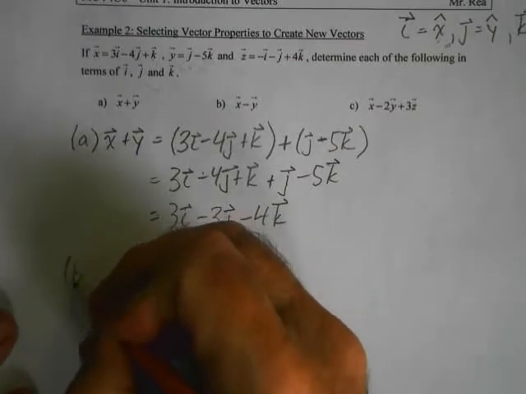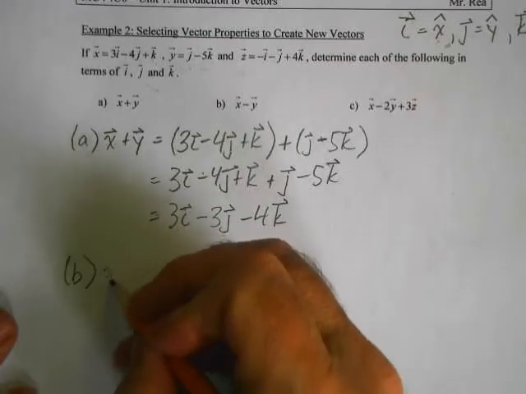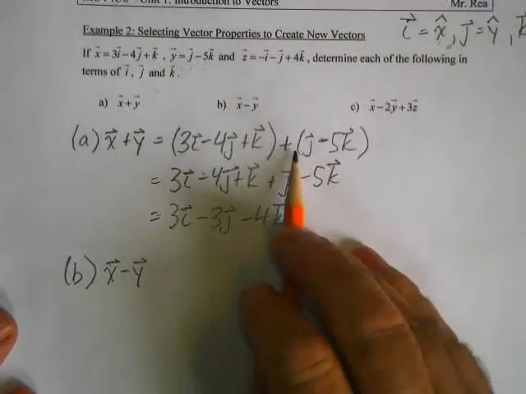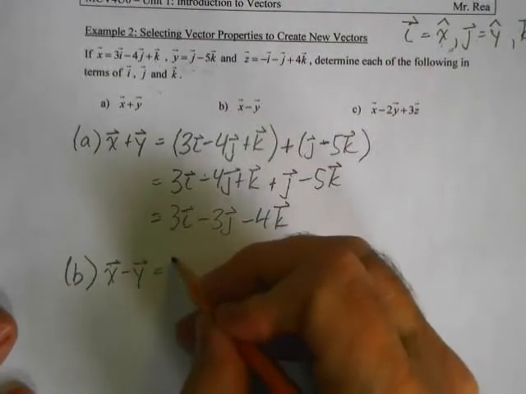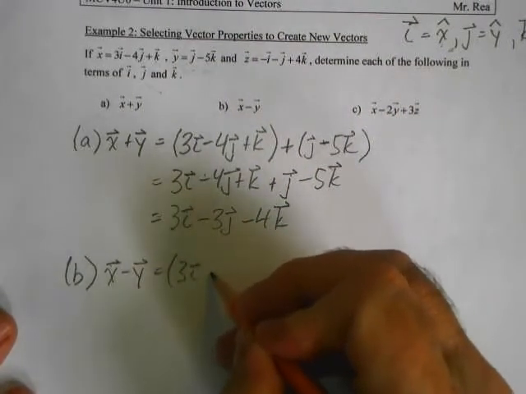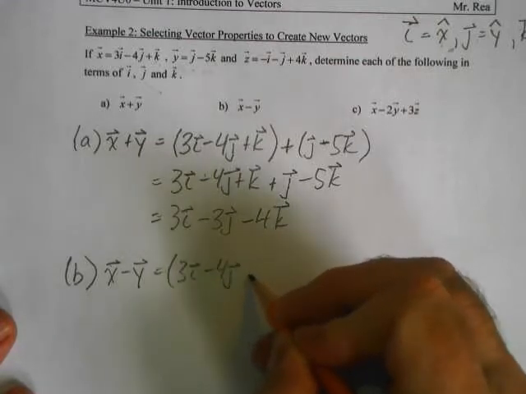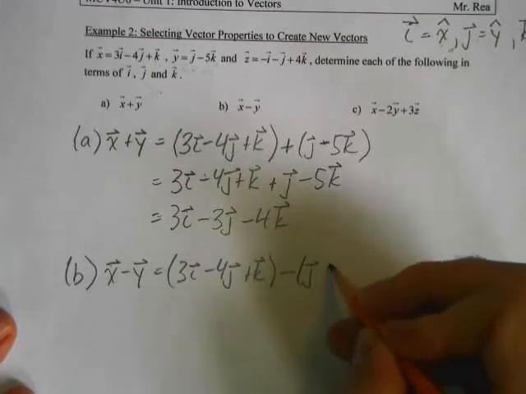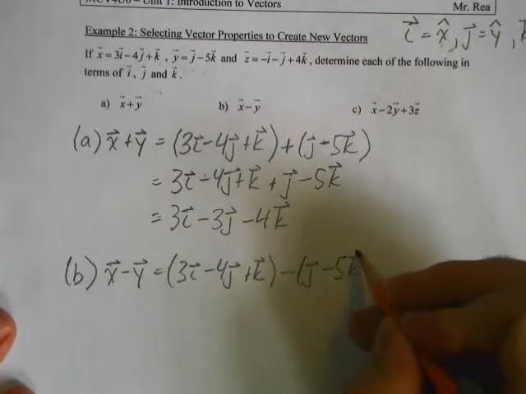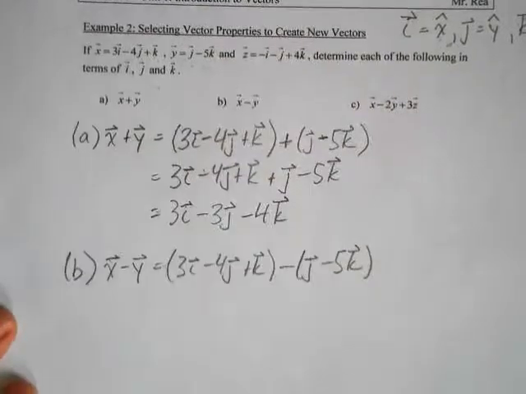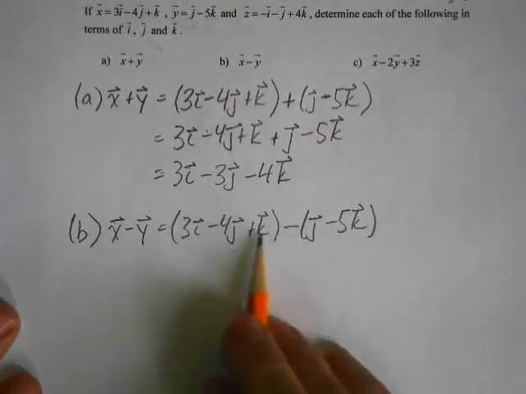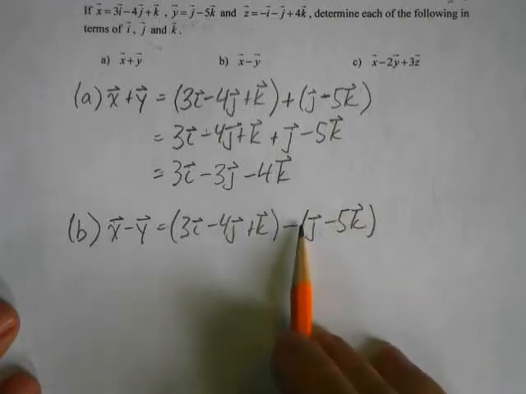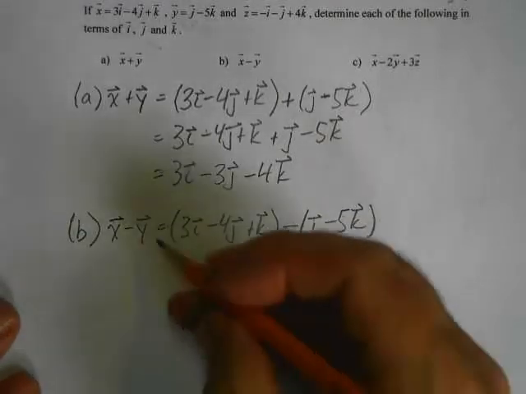If we go to the second one, this time we've got x minus y. So I can pretty much copy this first line, just change the add to a subtract. So 3i minus 4j plus k subtract j minus 5k. Okay, so like we did on the previous page, I'm going to remove the brackets, but I'm basically multiplying these two vectors by negative 1, a scalar of negative 1.